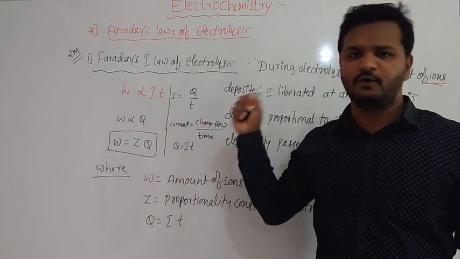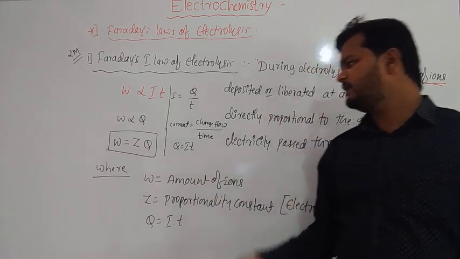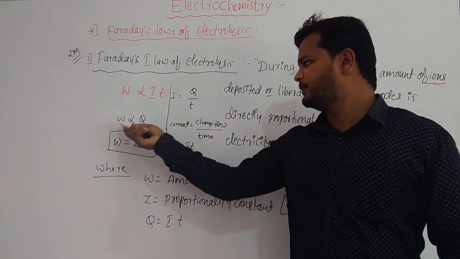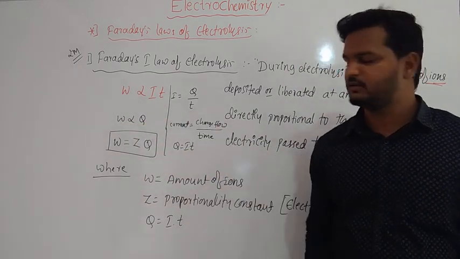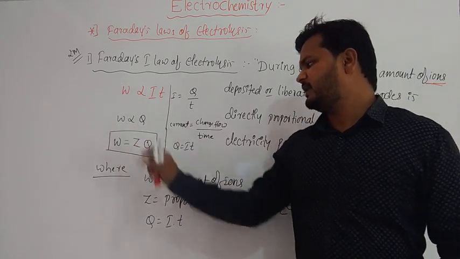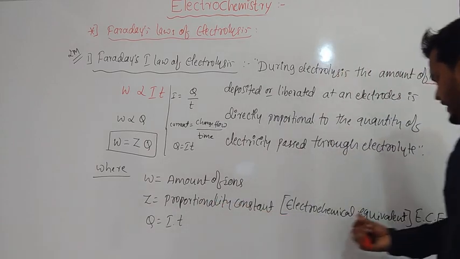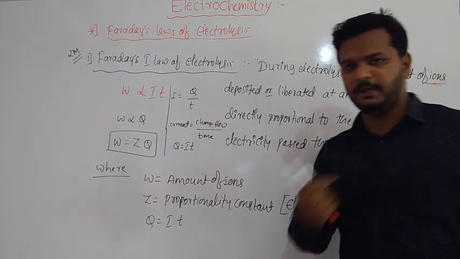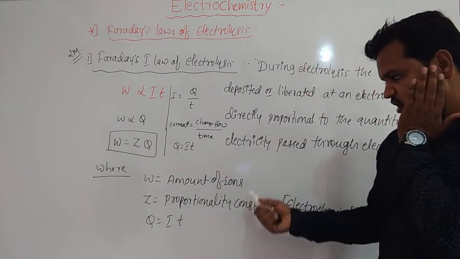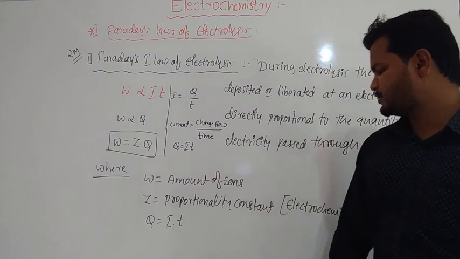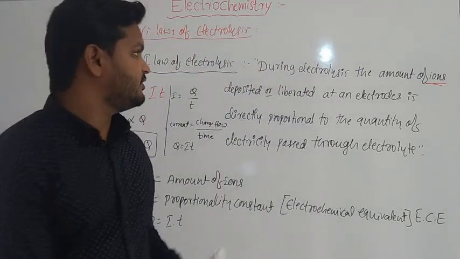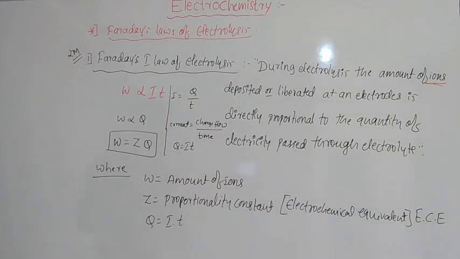Current is equal to charge flow by time, so I is equal to Q by T. Rearrange this equation and you will get Q is equal to IT, and W is directly proportional to Q. Just remove the proportional sign and you will get a proportionality constant, that is electrochemical equivalent, ECE. W is equal to Z into Q, where W is the amount of ions deposited or liberated, Z is the proportionality constant, and Q is charge flow into time. So this is about Faraday's first law of electrolysis. Take the notes.